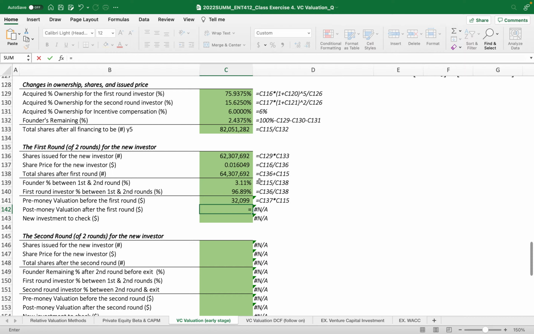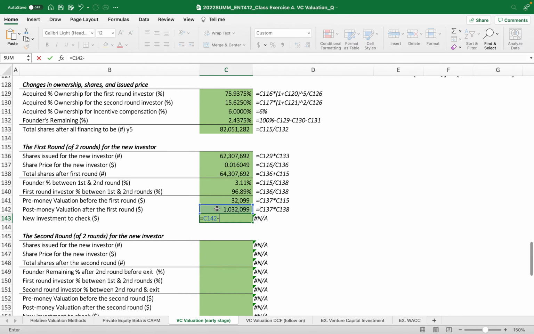Post-money valuation is this stock price times the total number of shares, because the venture firm gives this 62 million, so 2 million plus 62 million, which is 64 million, right? And then we got the post-money valuation.